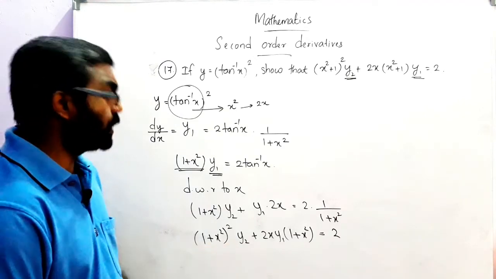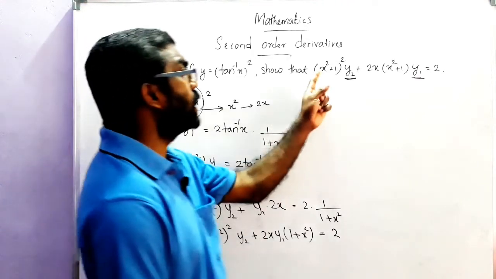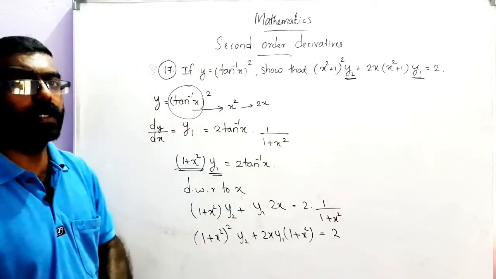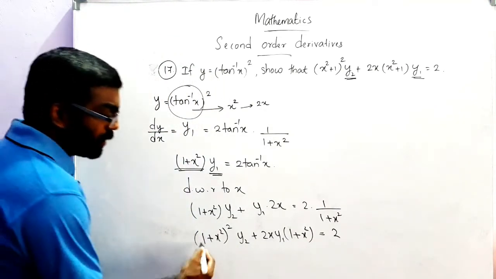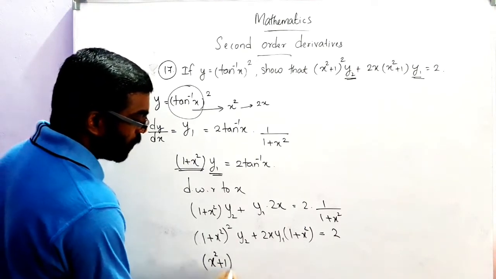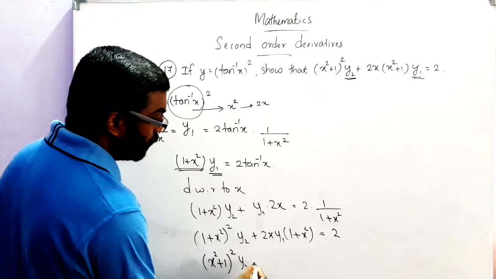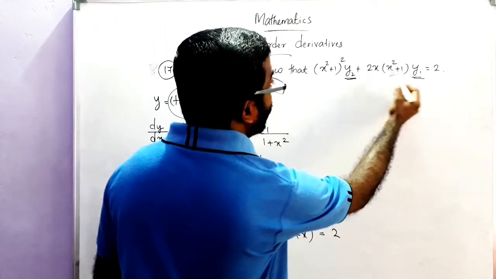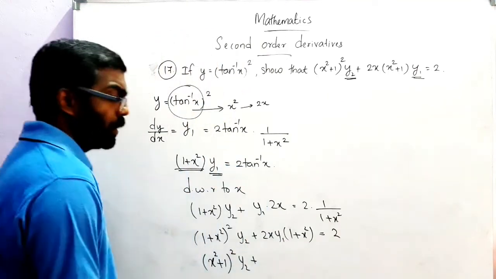Now we can rearrange the terms. In this question, x square plus 1 the whole square. Here we got it as 1 plus x square the whole square. Both are same. Here I rewrite 1 plus x square as x square plus 1 the whole square into y2. And in the second term, it is 2x into x square plus 1 into y1.